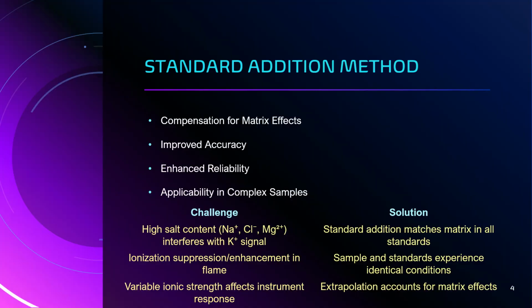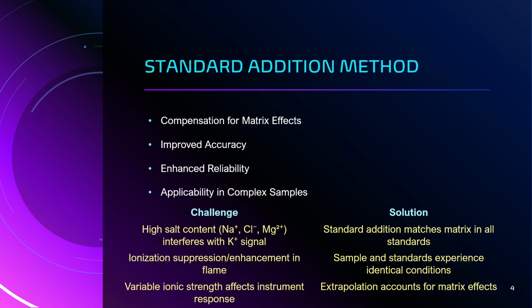You do not know the exact composition of that matrix. So if you don't know anything, how can you make that in your lab? To compensate for that, you take your sample and you add your standard into that sample. So the standard contains the same matrix effect that is present in your analyte.